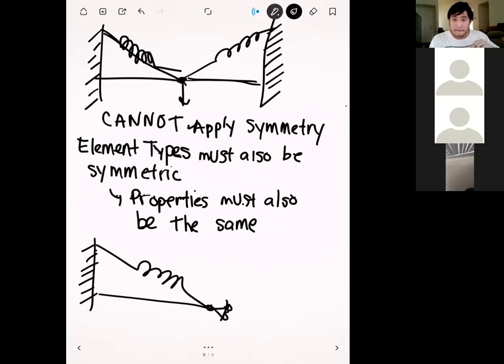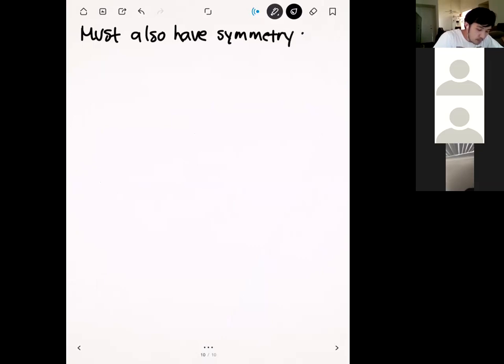Okay, so let's also talk about boundary conditions, because the boundary conditions are also really important. You can't apply symmetry if the boundary conditions are not symmetric. Okay?